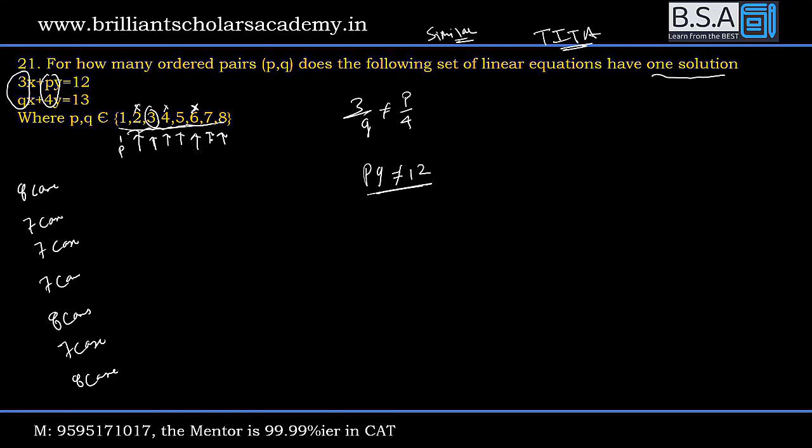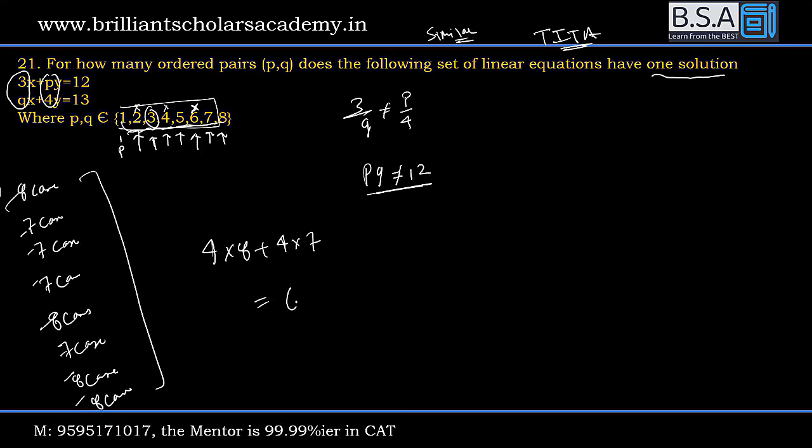When P is equal to 8, Q can be anything because 12 is not a multiple of 8. There are 8 cases. So how many possibilities are there? 4 multiples of 8, 4 multiples of 7, so which is 60. What other way can we think of?